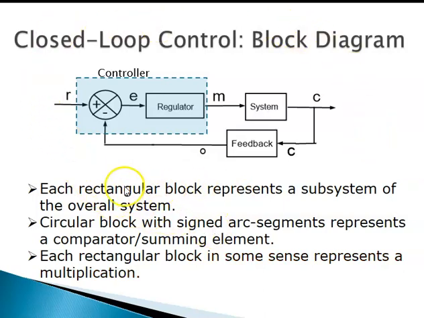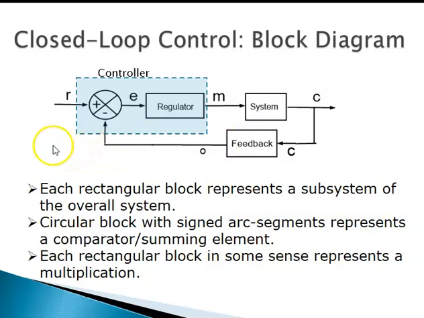This whole block diagram represents one system, of which regulator is one block, comparator is one subsystem, the system itself is a subsystem, then feedback along with all conditioning circuits or any other control circuits forms one subsystem, and each in some sense represents a mathematical operation.